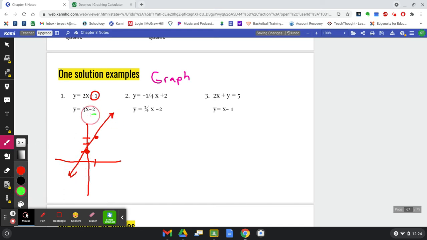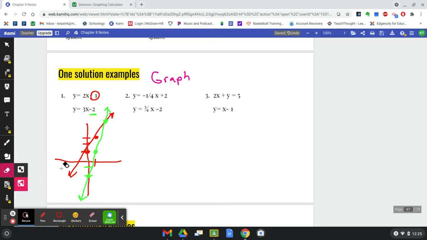For this one, it starts at -2, and then it goes up 3 over 1. You can see I can barely draw a straight line. This would be their point of intersection, but the problem is that when I graph like that, it's not very accurate. I'm not really sure what that is because I'm not to scale on my drawing.